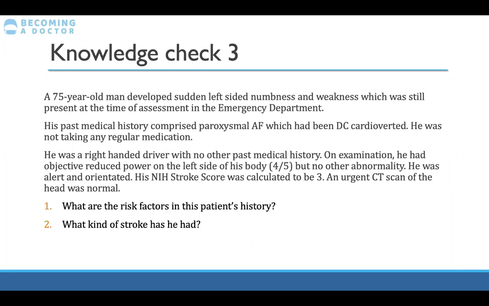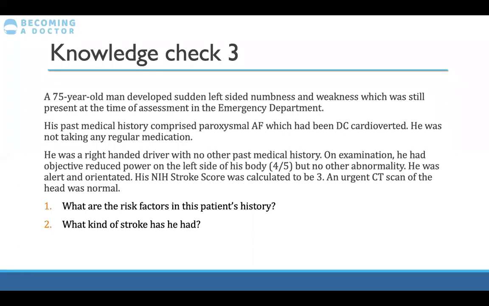But at this point, I would vote towards lacuna just because he has numbness and weakness. We need to map out where exactly the numbness and the weakness is. So is it entirely face, arm and leg? We also need to see if he has any visuospatial problems or any higher cerebral issues, and that would help us rule completely in favor of one or the other.